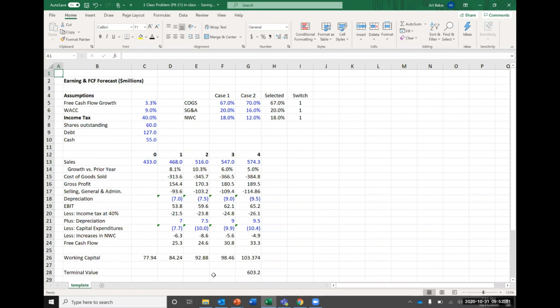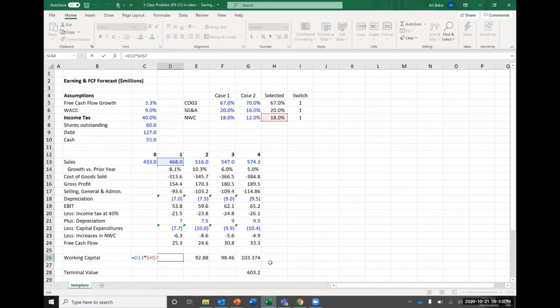Can you go back to the working capital formula? Yeah, and again, it changes, right? So in column C, it is C13 times F7. So revenue times case 1 assumption.